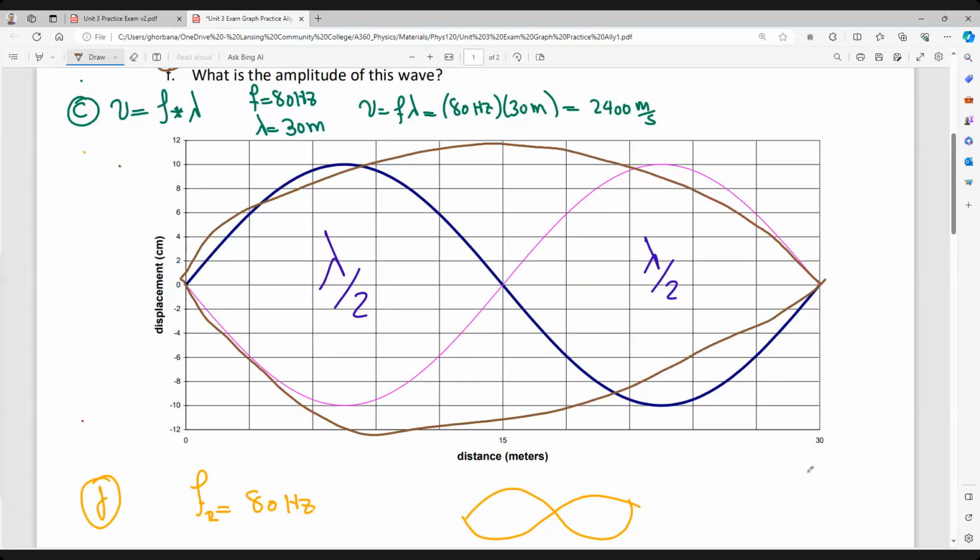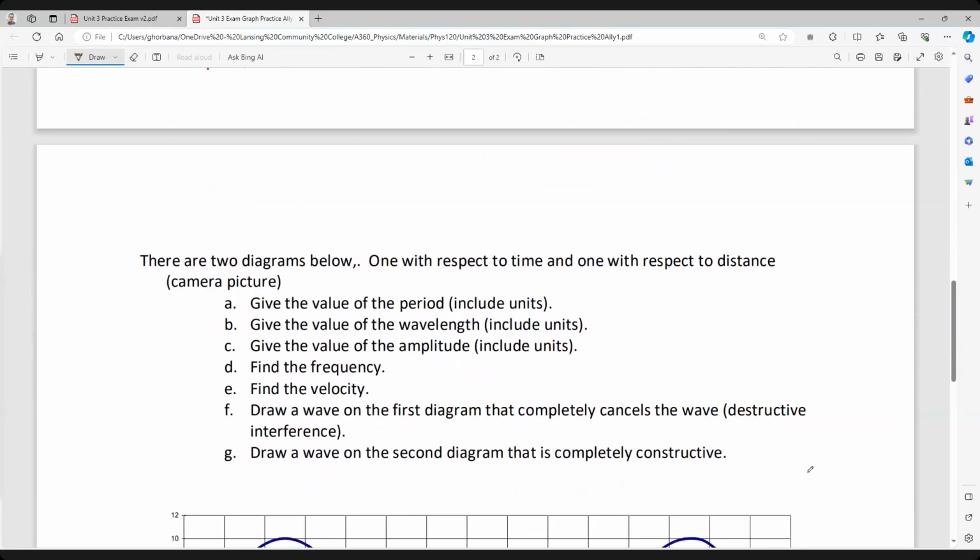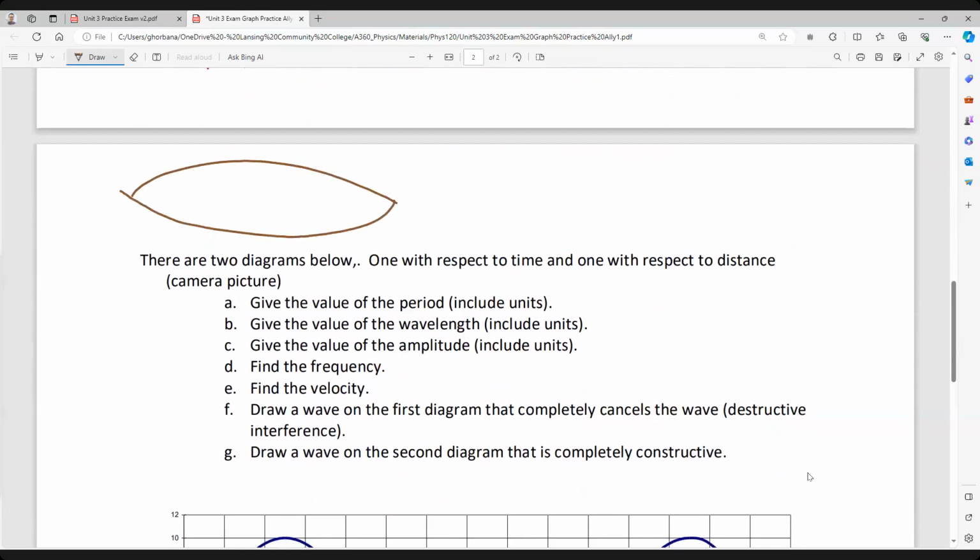If I draw it here, it's going to be this, yes? Half lambda. From here to here is 30 meter, yes? So each one of these is half a lambda. Half a lambda is equal to 30 meter. Now, how can I find the lambda?